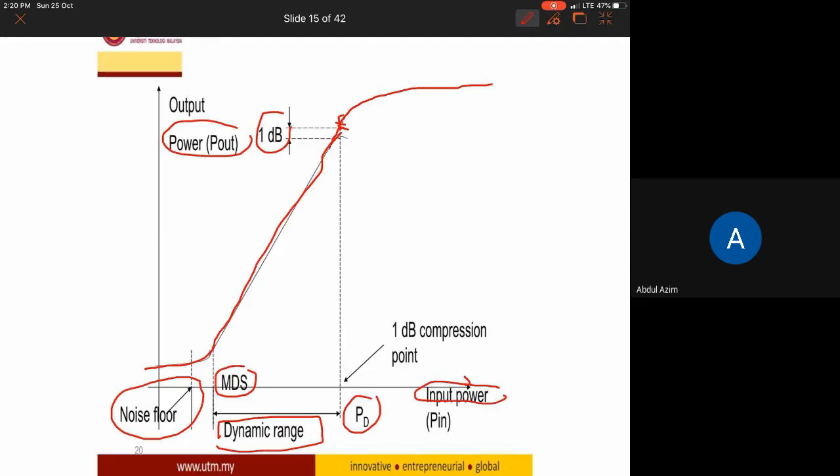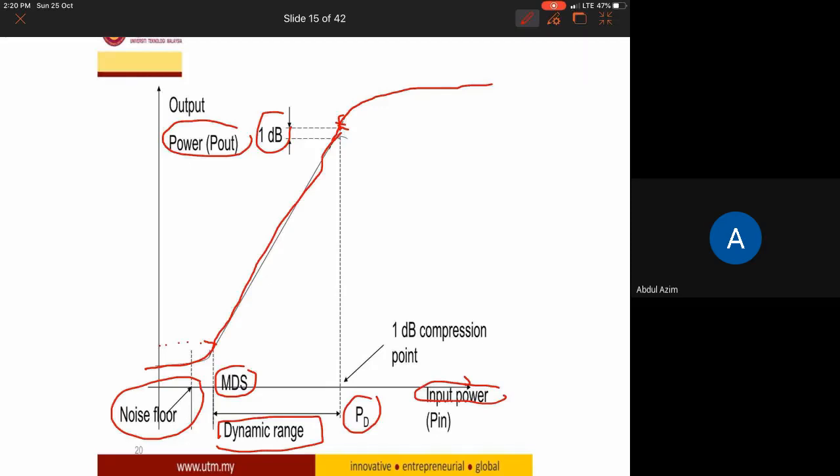This is the start where components can be operated. These are the minimum detectable signal. There are some calculation values, which I will explain.